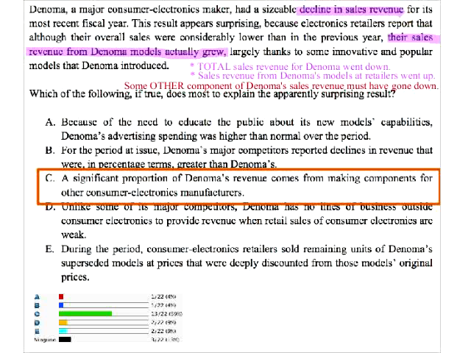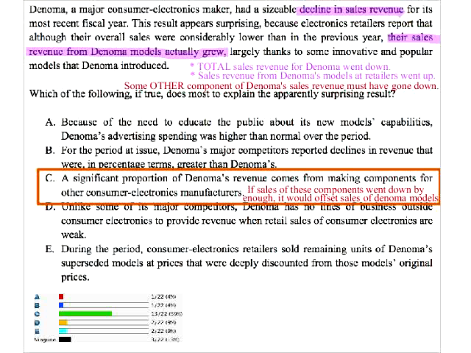So if sales of these components went down by enough, it would offset sales of Denoma models. So that's the answer we want.